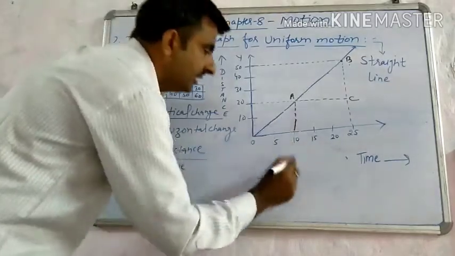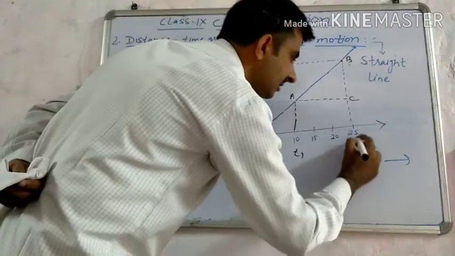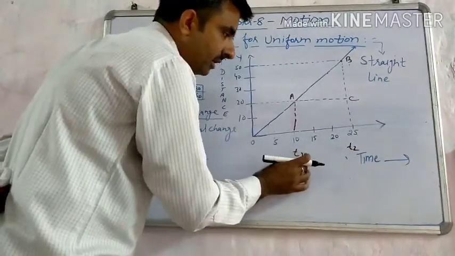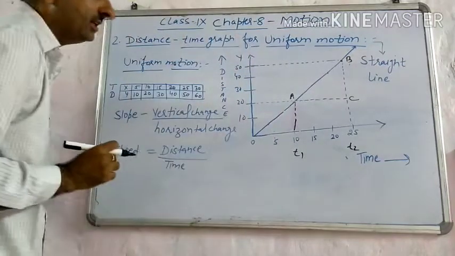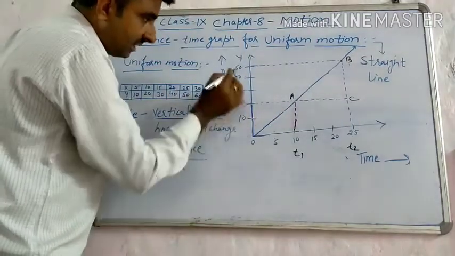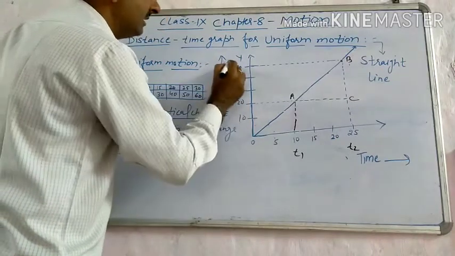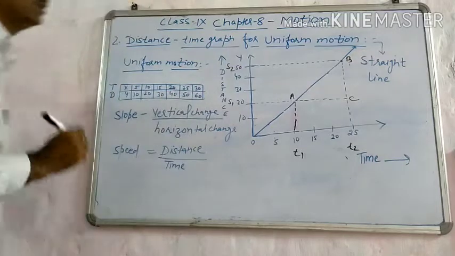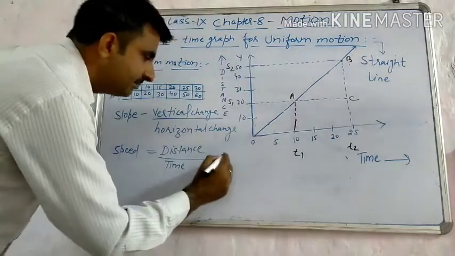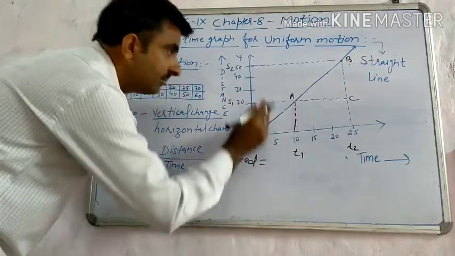So suppose this is T1 and this is T2. T1 is time 1 and T2 is the other time. Now say this is S1 and this is S2. This is distance. Now to calculate the speed, speed is equal to distance by time.